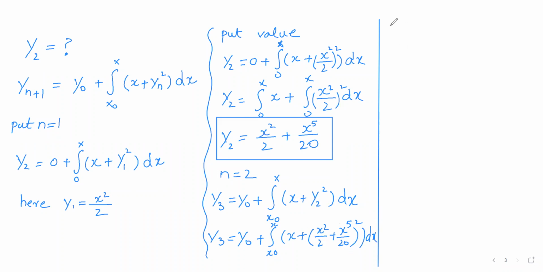And now y3 will be equal to, let's put in the value. y naught is already 0, so we will not write it because its value is 0.